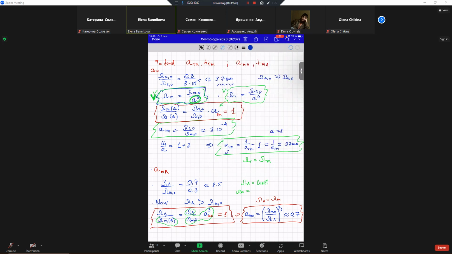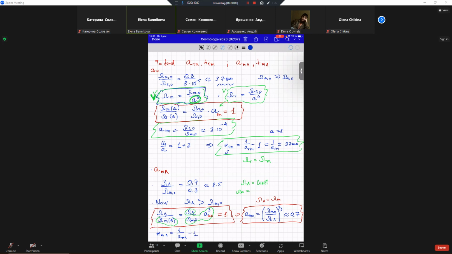Okay, so we can also find the redshift m lambda, which is 1 divided by a m lambda minus 1.